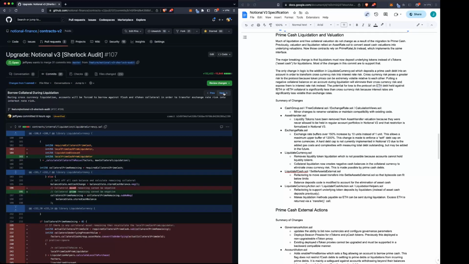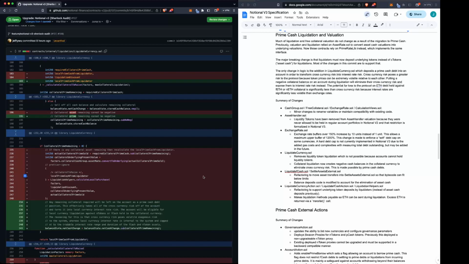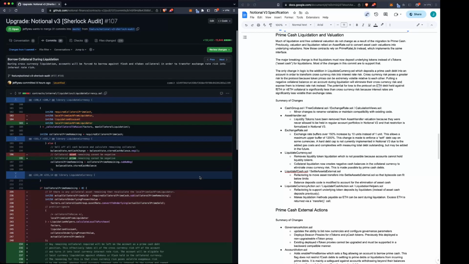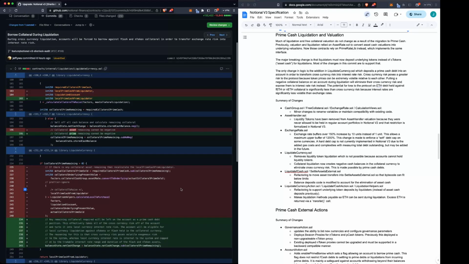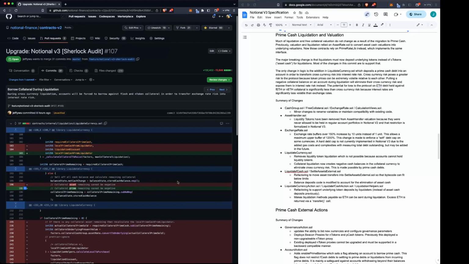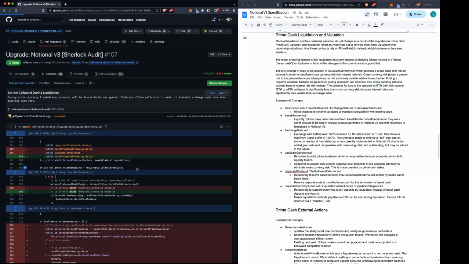Primarily, this is to guard against the possibility that accounts are lending ETH on Notional, and that fETH is illiquid, cannot be sold in the markets during liquidation. So this allows us to continue to liquidate them and remove that risk from the system.